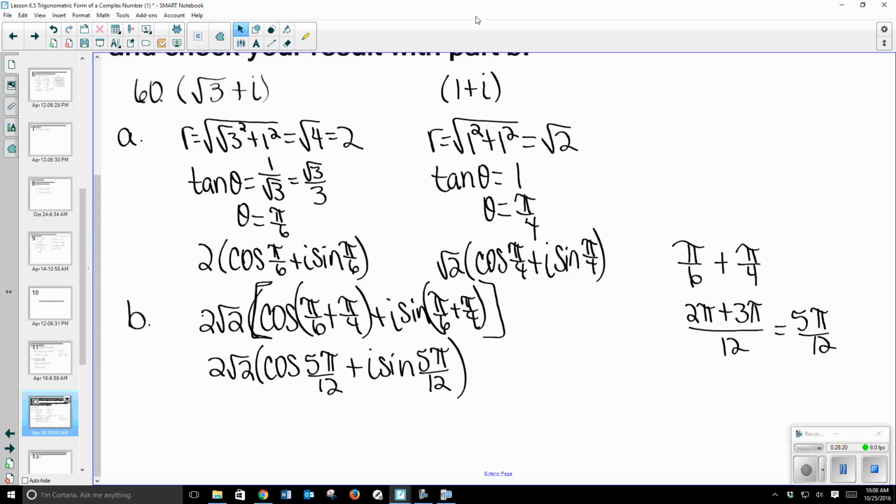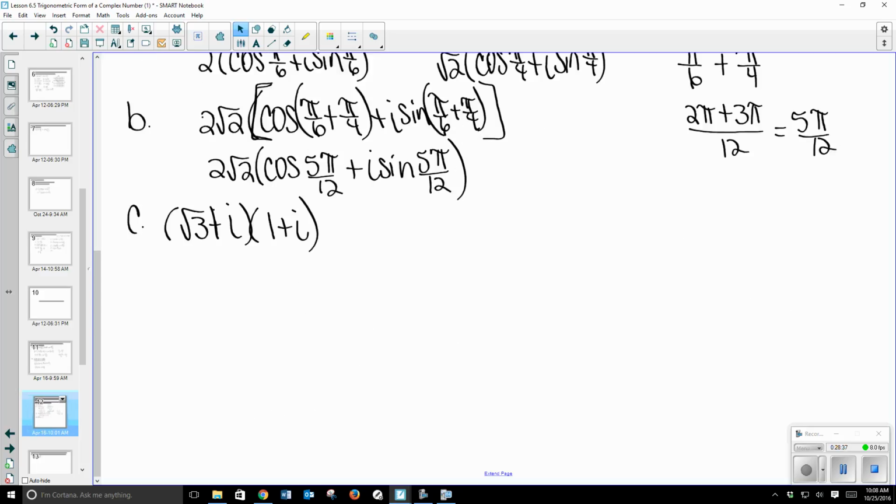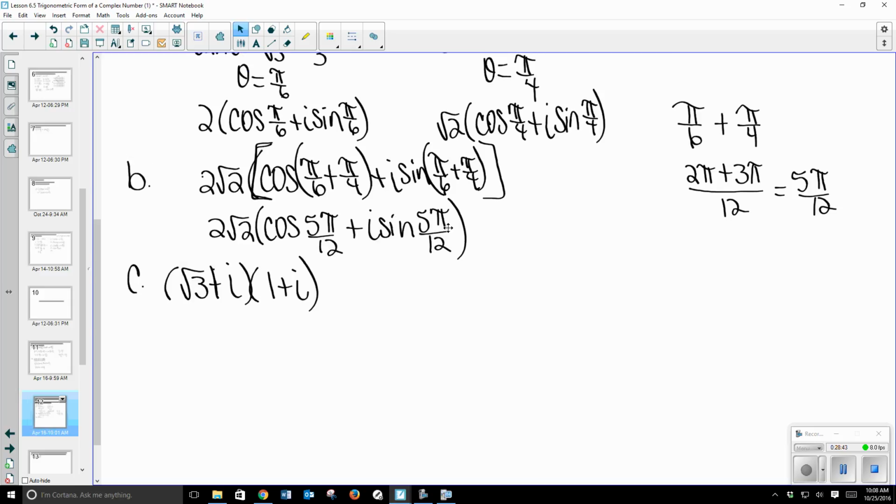Part C is to perform the operation without putting it in trigonometric form. Okay, so root 3 times 1 is root 3. First, outer plus root 3 i, inner plus i plus i squared.